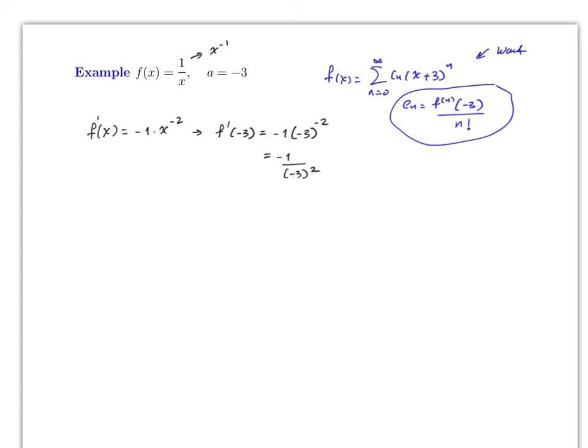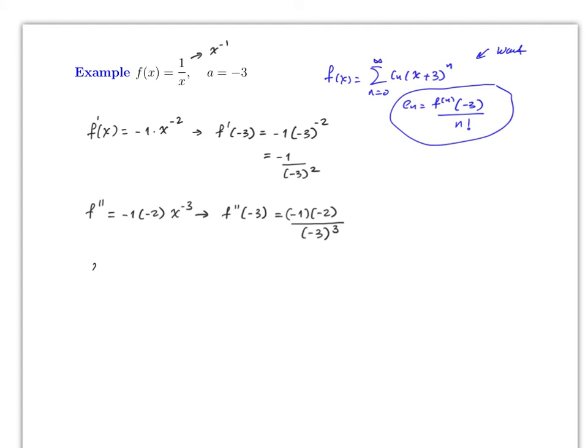Then let's go to the next one, f double prime, which is going to be minus 1 times minus 2 times x to the negative 3. So f double prime of negative 3 will be negative 1 times negative 2 over negative 3 cubed.